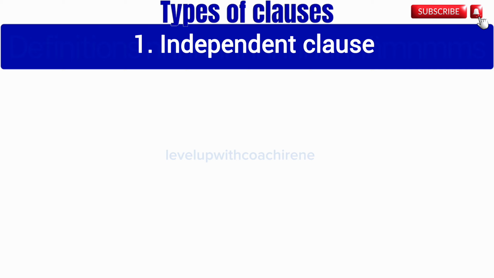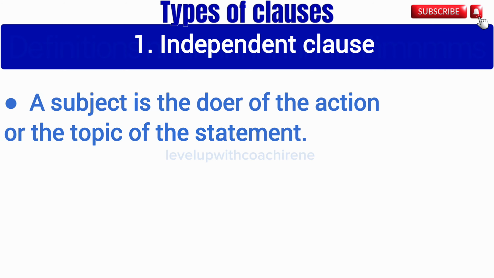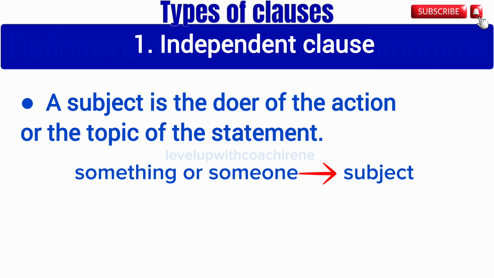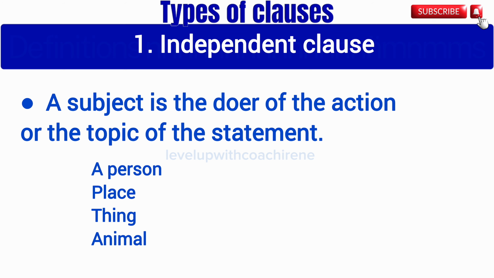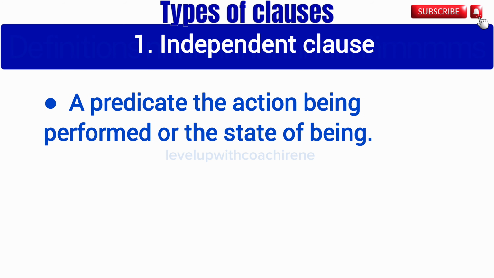Let us look at the meaning of a subject and a predicate. A subject is the doer of the action or the topic of the statement. It could be a person, place, thing, or animal. Whilst the predicate is the action being performed or the state of being.